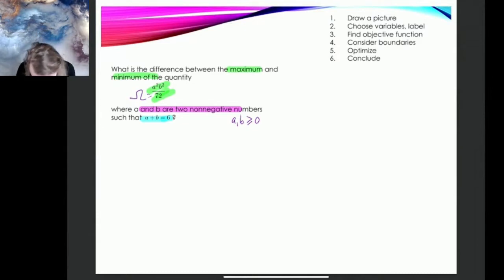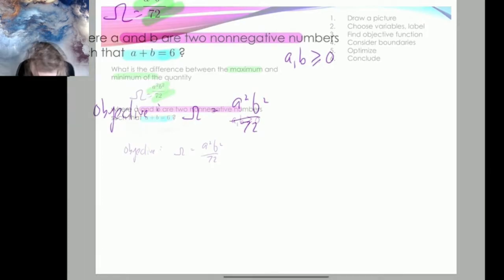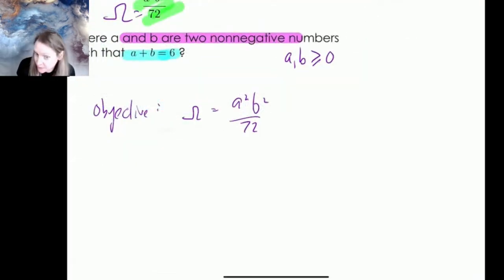As usual, we're going to use our constraint as a way to eliminate a variable from our objective function. Our objective function omega was just given to us. I didn't need to draw a picture to figure out what it was. I need to eliminate a variable because I have too many variables, and I'm going to eliminate b, just because I want to work with the one that's alphabetically first.